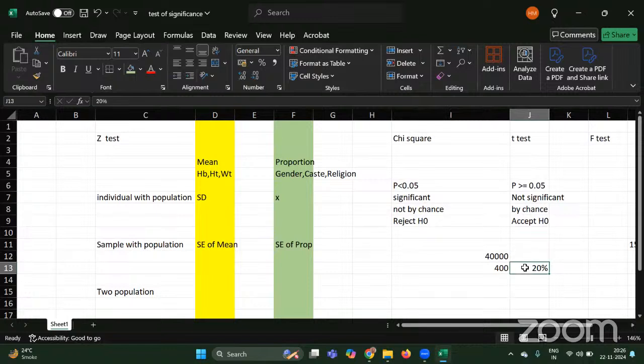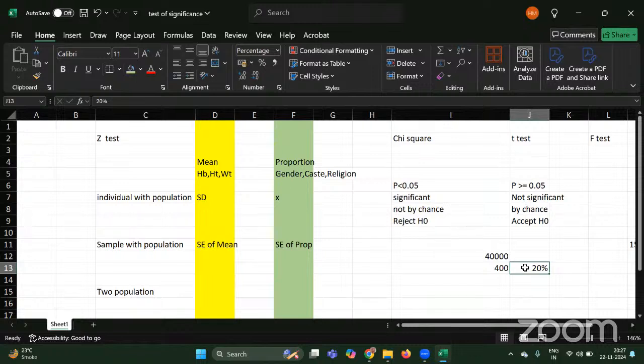Then this sample proportion 20% plus minus two standard error of proportion. And standard error of proportion is equal to root PQ upon N. We have P, that means 20% and Q 80%, and N is 400. So that will be standard error of proportion. So 20% plus minus 2 standard error will give you the range of sick people in the population.